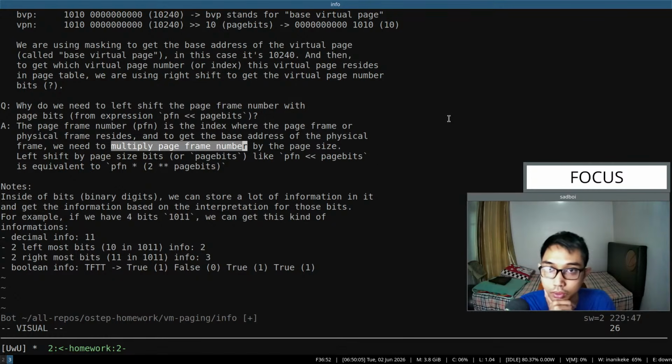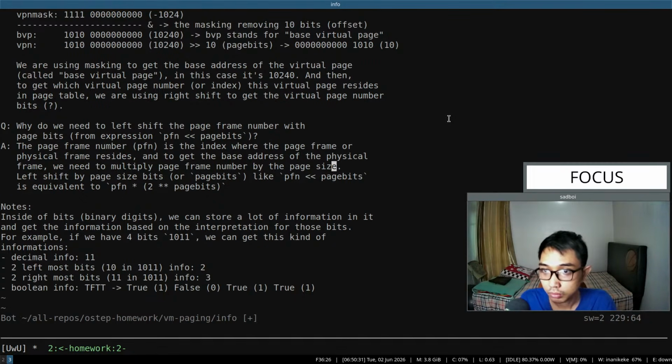I assume we need to multiply the page frame number by the page size to get the starting point, I guess.